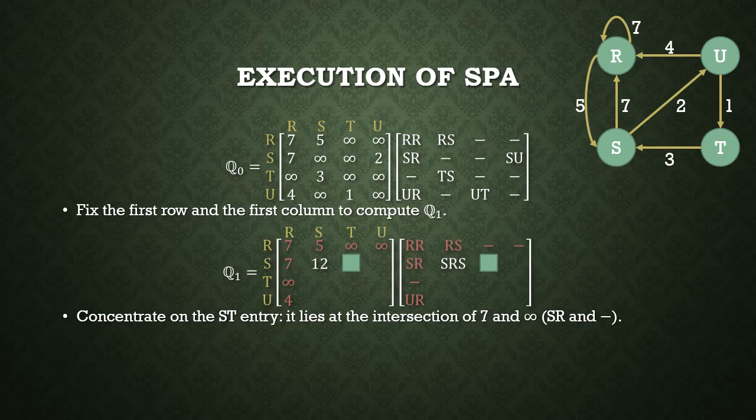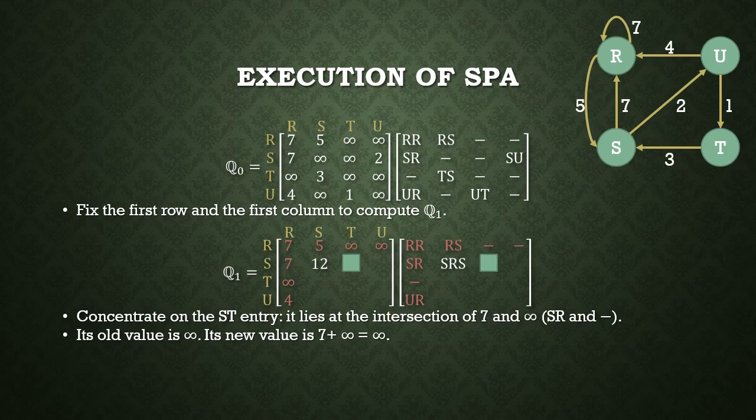Now concentrate on the ST entry. It lies at the intersection of 7 and infinity. Again, for intersection values, I am looking at the fixed row and the fixed column. 7 is SR and infinity simply represents the dash, no path or no edge.